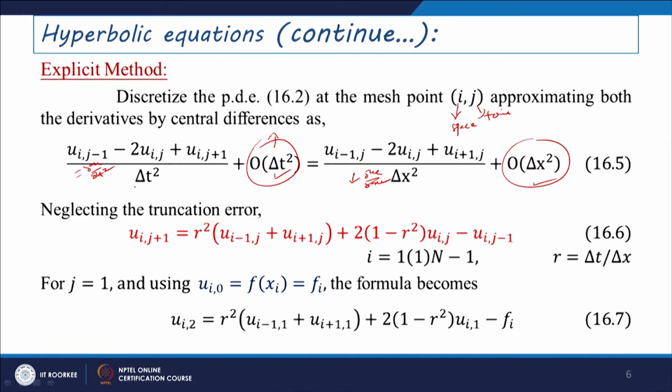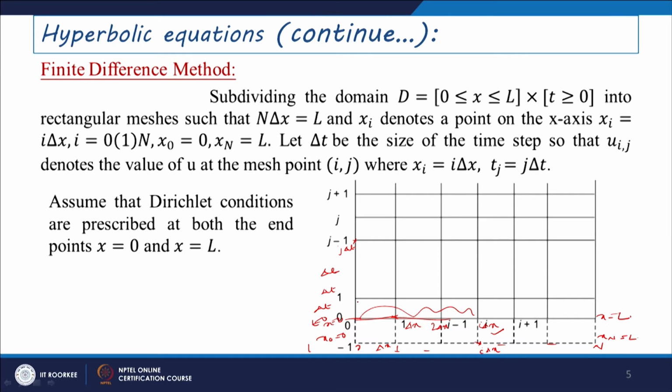linear form as u_i,j+1, since we want to find the next iterated value, the next step value. At j equals 0, these values are known from the initial conditions, then we have to proceed step by step to get all these unknown values.